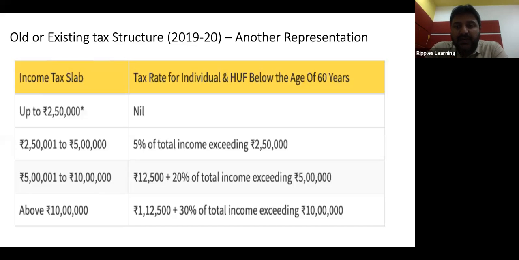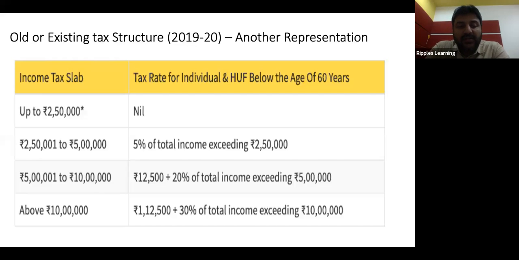So this is what it would come across as for people whose net taxable income is more than 5 lakh. This is what would apply. Up to 2,50,000, there would be no tax. 2,50,000 to 5 lakh, 5% of total income exceeding 2,50,000. Now, if you are in the tax slab of 5 lakh to 10 lakh, then the previous one is 12,500 plus 20% of total income exceeding 5 lakhs.